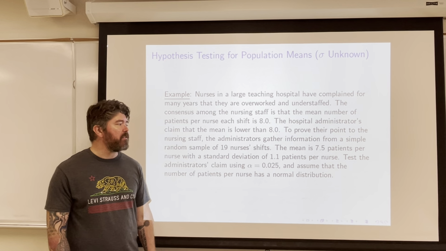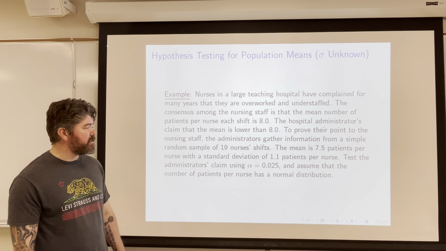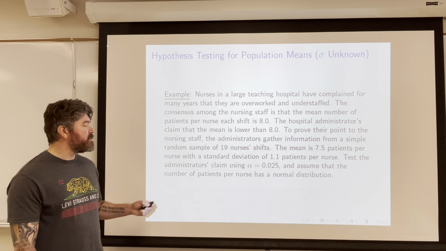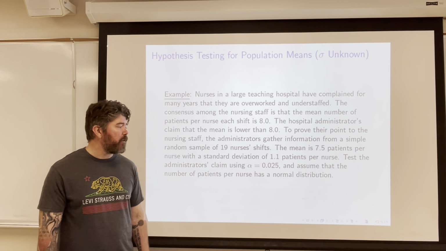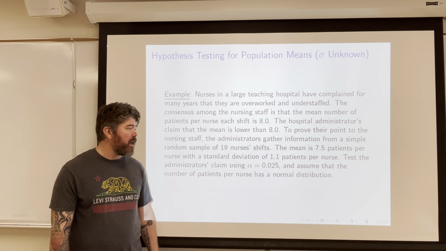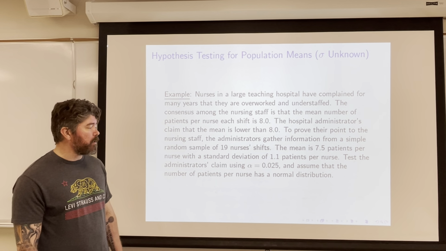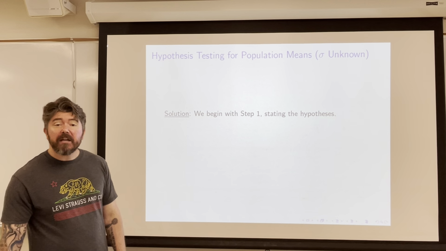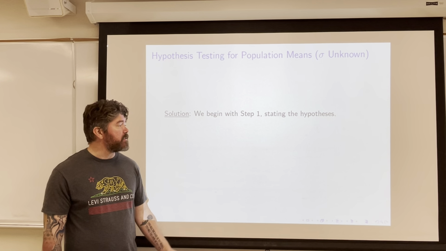The mean is 7.5 patients per nurse with a standard deviation of 1.1 patients per nurse. Test the administrator's claim using alpha equals 0.025 and assume that the number of patients per nurse has a normal distribution. We begin with step 1, stating the hypotheses.